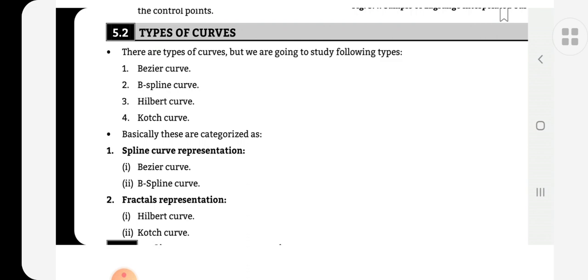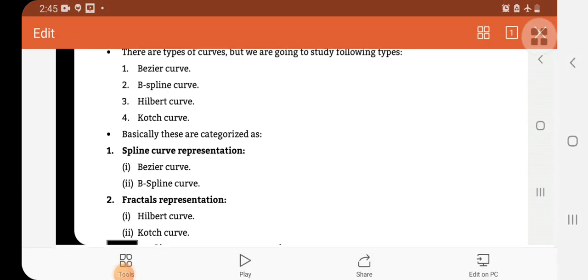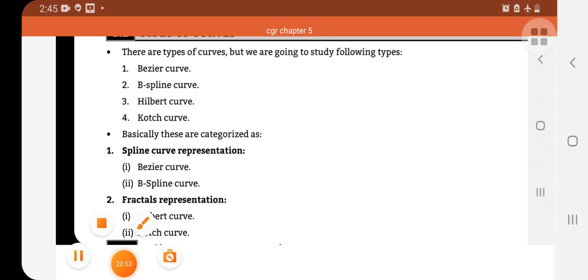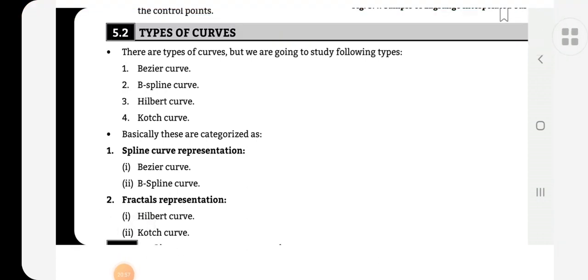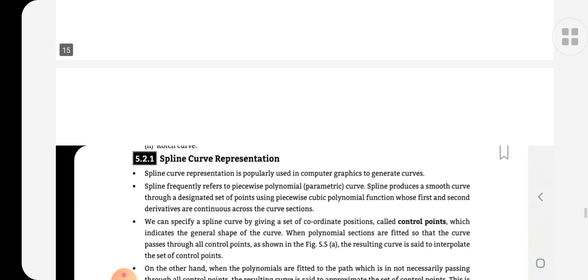Basically, these are in two categories: the spline curve representations, and the fractal representations. The spline curve representations are the Bezier curve and the B-spline curve; the fractal representations are the Hilbert curve and the Koch curve.